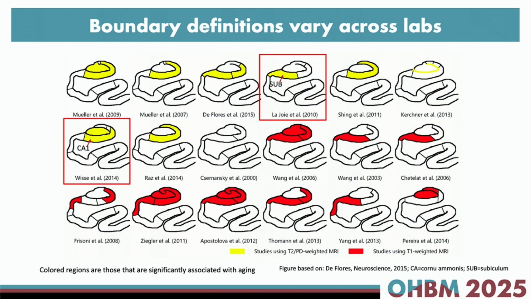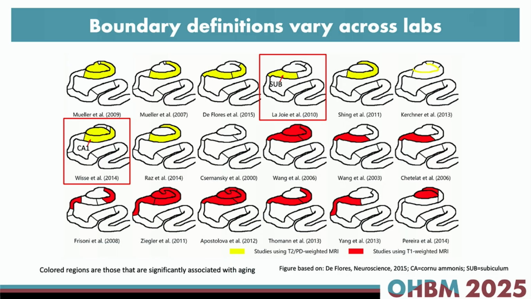One other thing to point out is that my two colleagues, Renaud Lajoie and Laura Weiss, really differed in terms of where they were placing the boundary between CA1 and subiculum. You can imagine that if they were using the same boundary, they might have found the same results. So that's why we are trying to form the harmonized protocol.